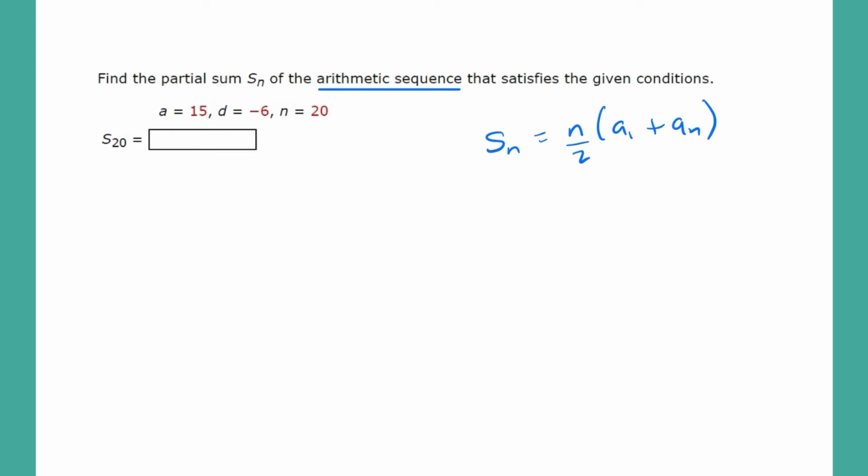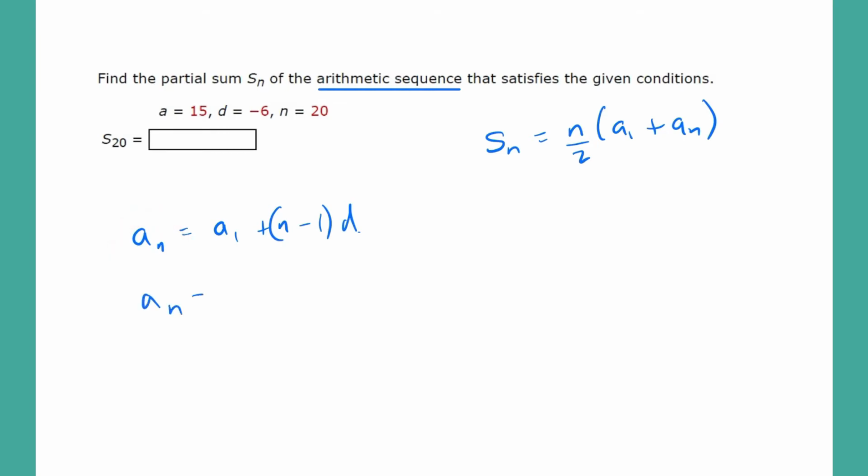Well, we are missing the last term, the 20th term. So before we can apply this formula, we're going to have to apply this formula first in order to find out what a sub 20 is, because we want the sum of the first 20 terms. That means we have to find the 20th term. So let's figure out what a sub n is, and then we can go from there.